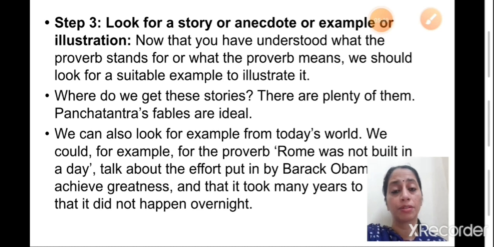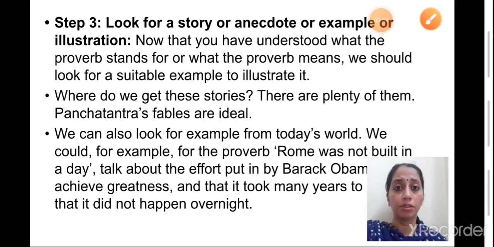Okay, a story that is similar to the proverb. Now from where will we get the stories? Okay, we have many famous stories in our Panchatantra. You can use them or just look around in the world. You will find many examples that we can relate to our proverb.